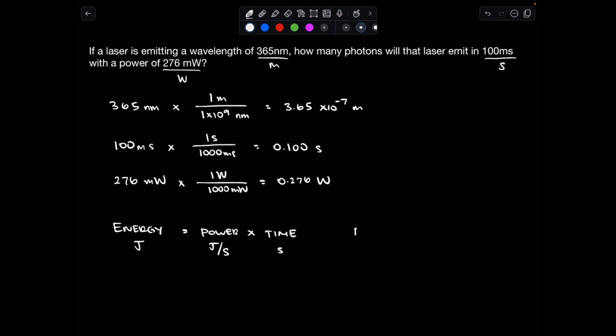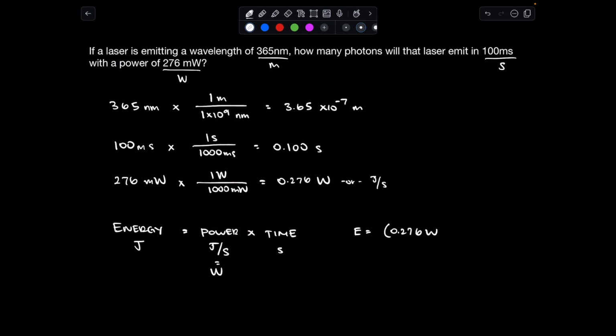So our energy is going to be equal to our power. We know that's 276 milliwatts or 0.276 watts. And just as a forward, joules per second is equal to watts. So we'll also put that here, joules per second.